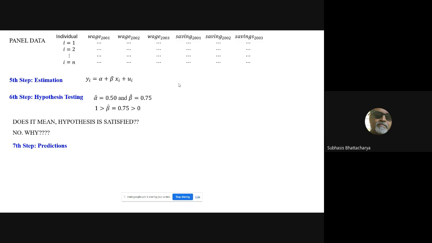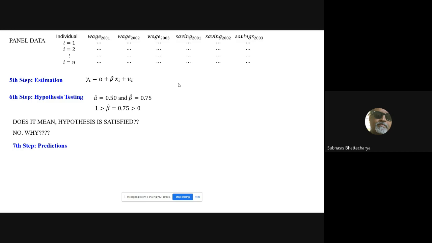While it may hold for your sample, does it hold for other samples? If not, I cannot rely on the estimate based on that sample. So what will we do? If we collect various samples, say n number of samples, and mostly find beta hat significantly different from 0, then we say that beta hat of 0.75 is not obtained by chance.